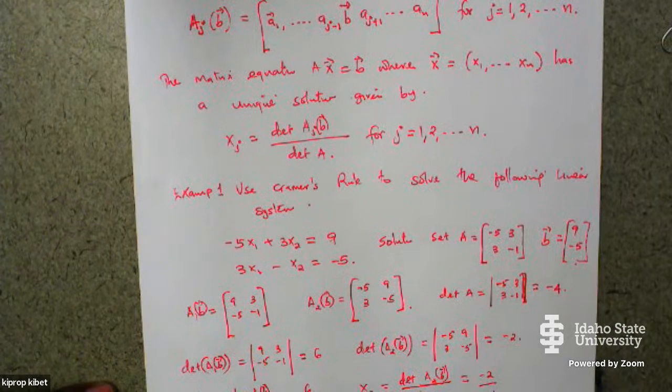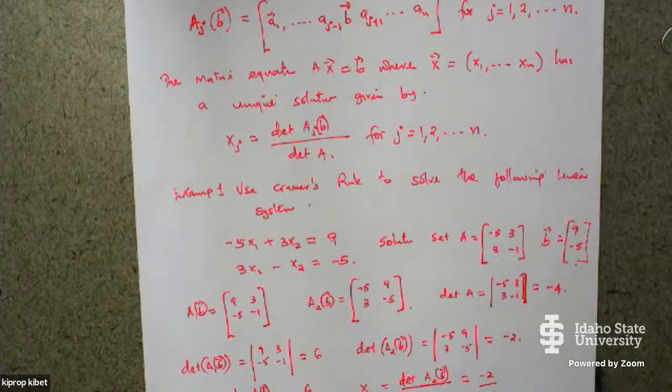So our x1 is equal to minus 3 over 2, and our x2 is equal to 1 over 2. So that is how.